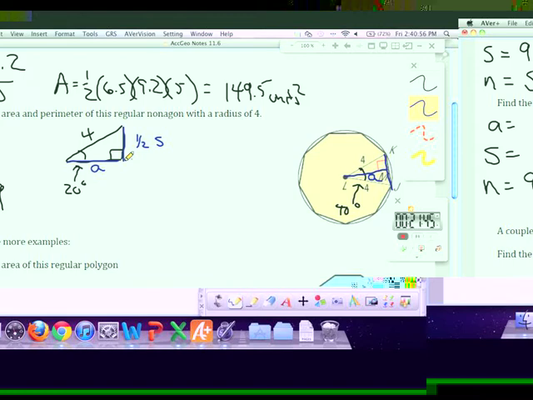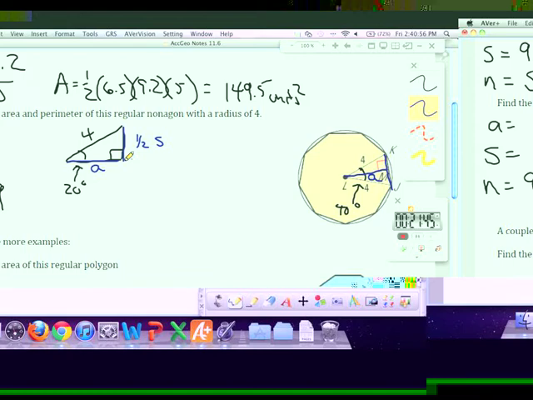Namely, for every side, we're going to get one triangle. Do you agree? This hexagon, we have 6. If we did the same with a pentagon, a 5-sided figure, we get 5 triangles. With an octagon, you get 8 triangles. If we could come up with a formula for the area of any one of these triangles, and then multiply it by how many sides there are, we'd come up with the area of this whole regular polygon.